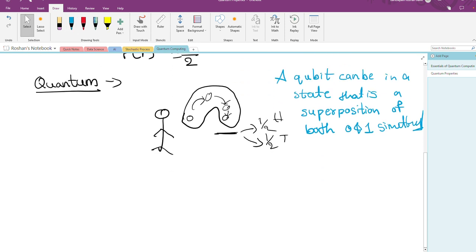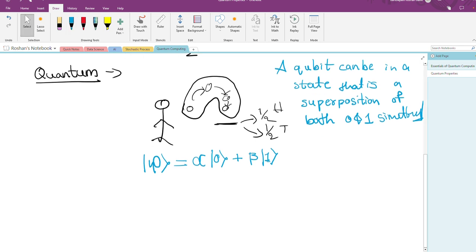Okay, it can be represented as alpha 0 state plus beta excited state.